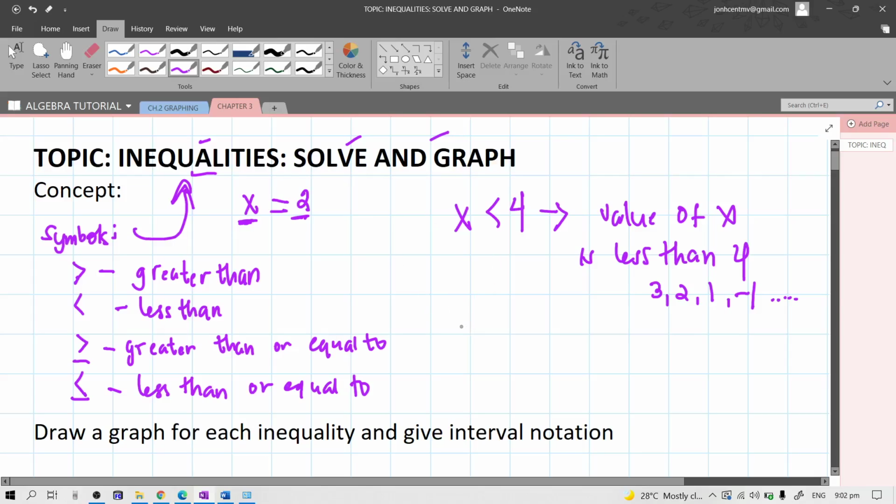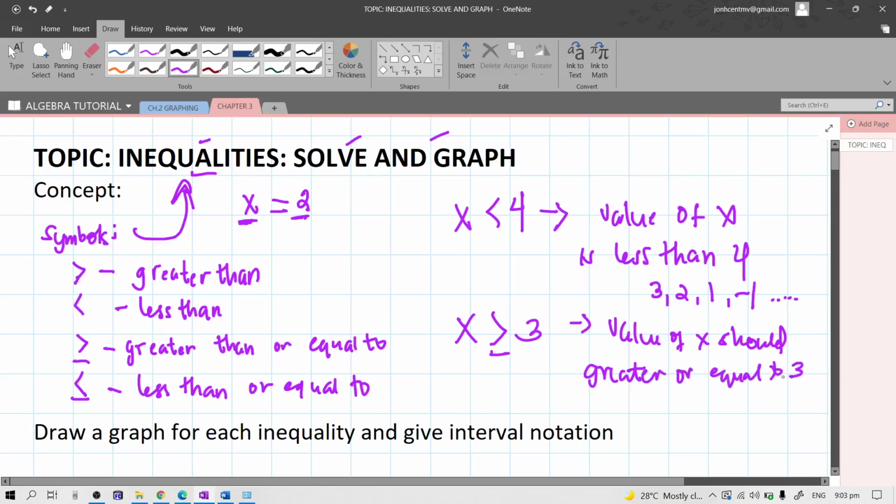So, let's say meron naman tayong x is greater than or equal to 3. Okay? So, the value of x should be greater or equal to 3. So, that is 3, 4, 5, 6, so on and so forth.